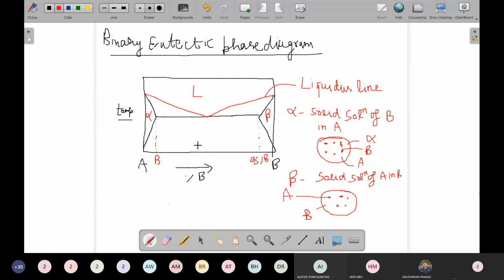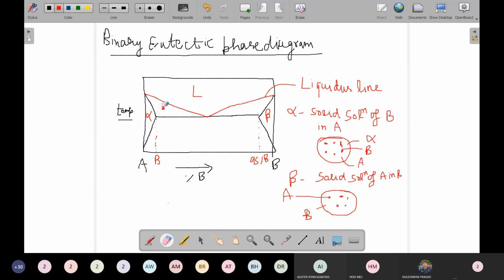Now if I ask you, tell me what phase will be present over here, at this point. Okay, so tell me how you can tell this. Yes, anyone? What phases will be present in this region? Very simple.